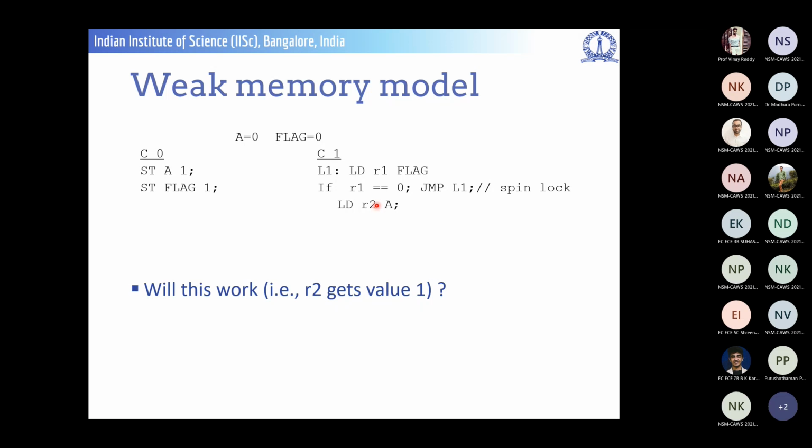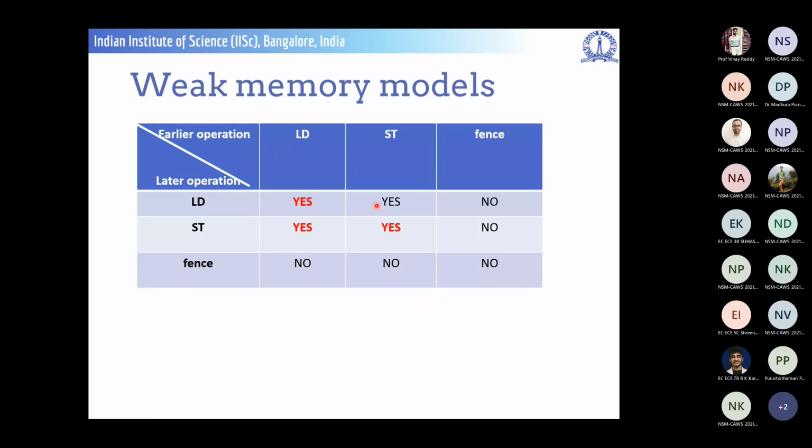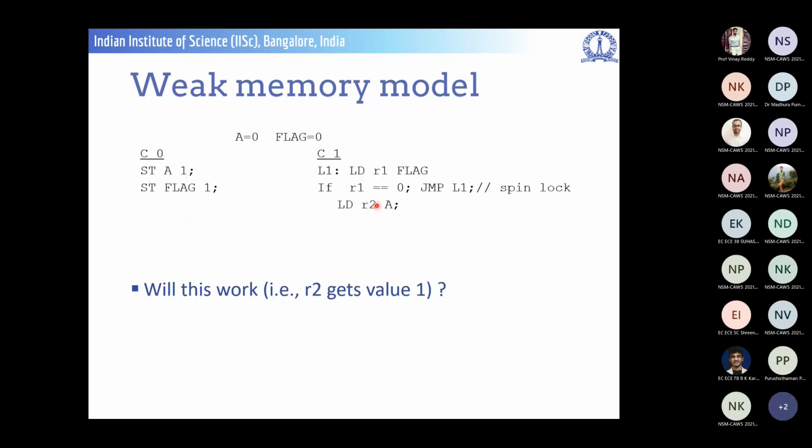Remember that for sequential consistency and TSO, it would have behaved the way the programmer intended. But under a weak memory consistency model, all the reordering is allowed. Would this be guaranteed to return R2 equal to 1 or not? What do you think?